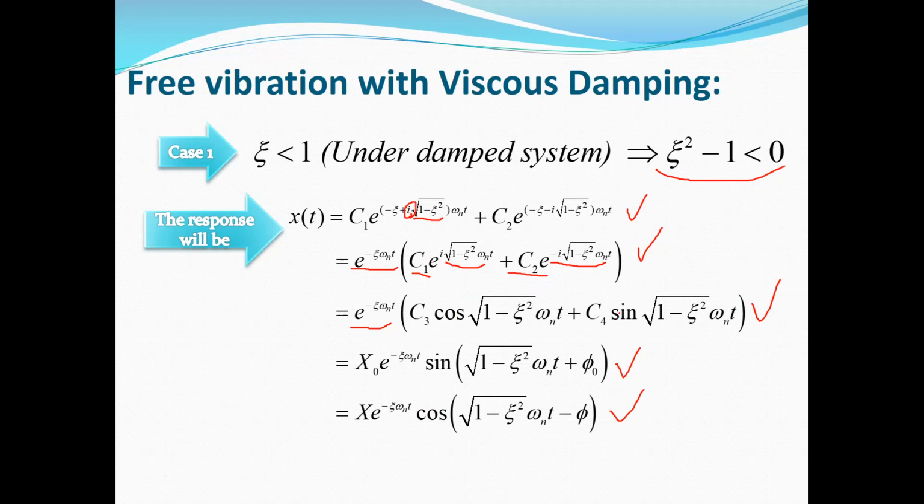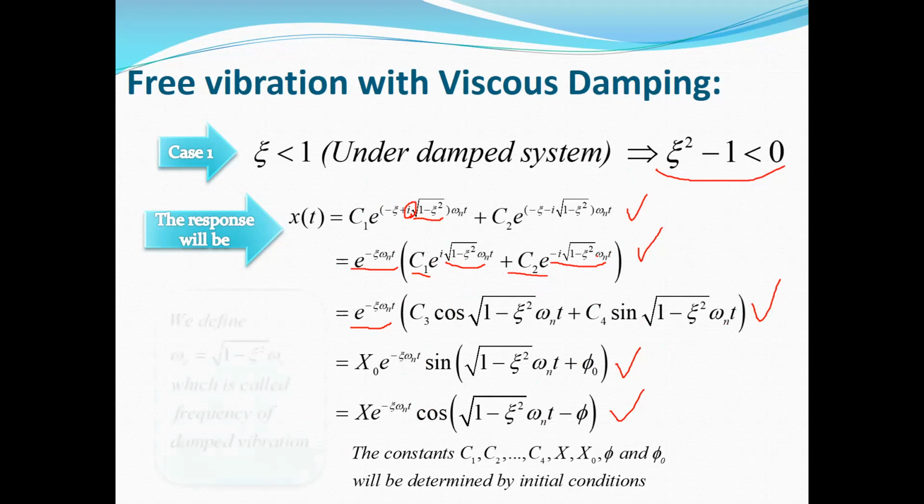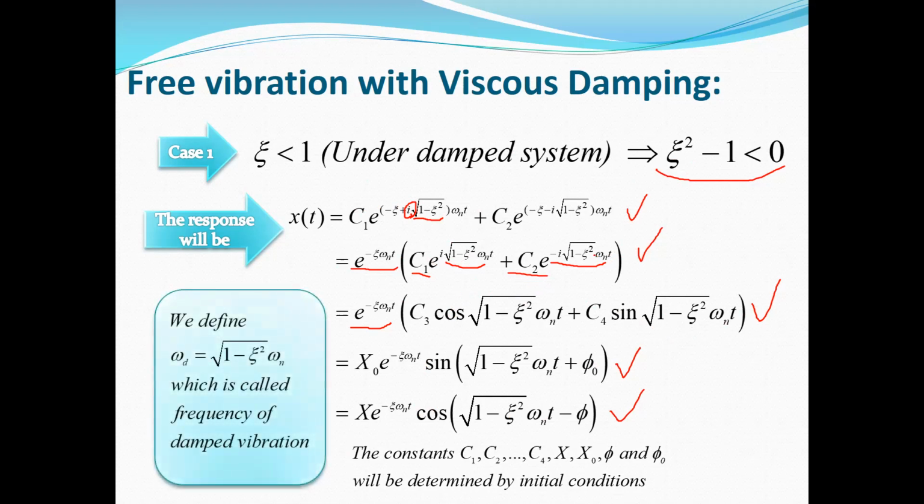And if you plot the response, you will see an underdamped response in your system, and I will show you what the response is for this type of system. Again, these constant coefficients will be obtained from the initial conditions, because these are the constant coefficients in the homogeneous solution. And always, to obtain the constant coefficients in the homogeneous solution, you need the initial conditions or boundary conditions.